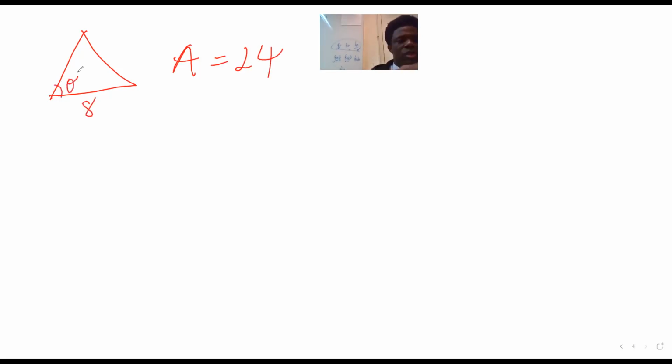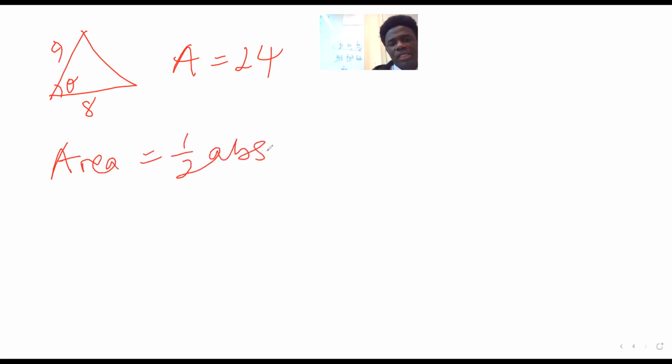So if this is my triangle, and maybe the area is 24, maybe this is 8, this is theta, maybe this is 6. Okay, let's change that to 9. So the first thing I expect to see as your solution is area is equal to half ab sine theta.